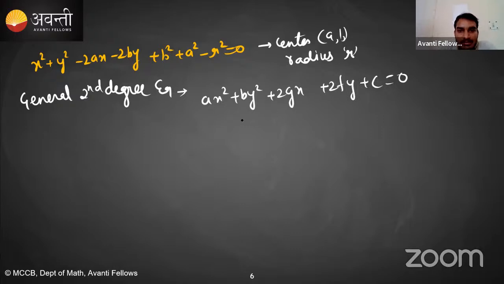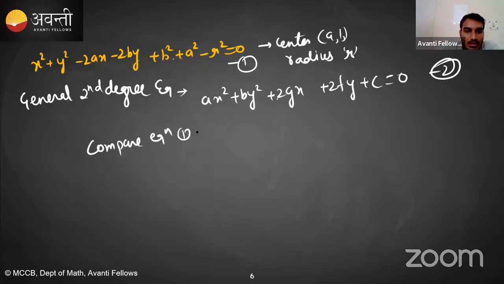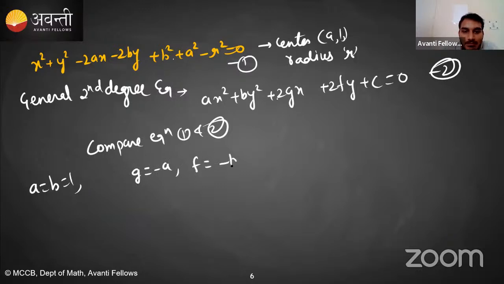So if you compare equation 1 and equation 2, one thing you will note is that your a and b here are 1, and g is nothing but minus a, f is nothing but minus b, and c is nothing but b square plus a square minus r square.